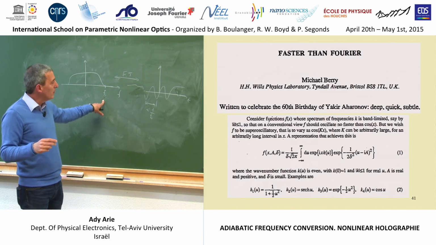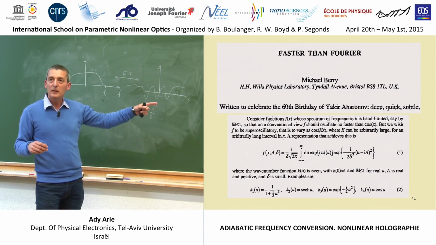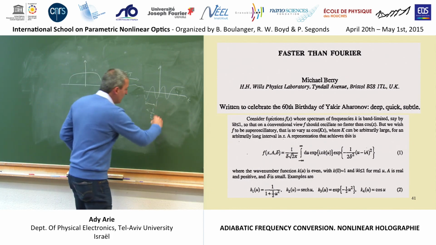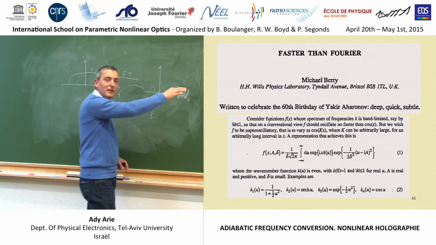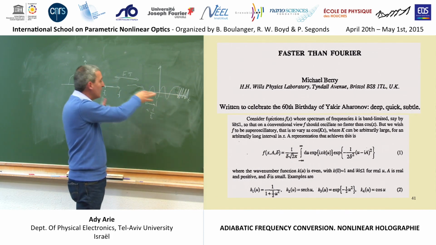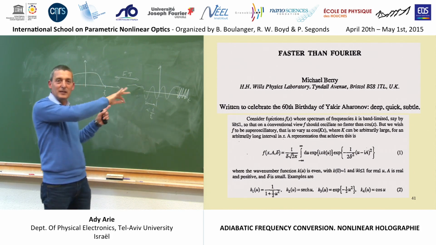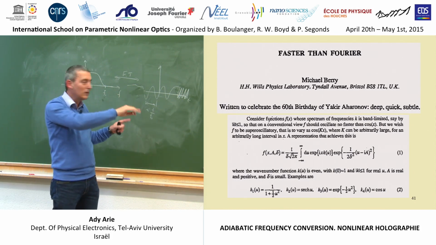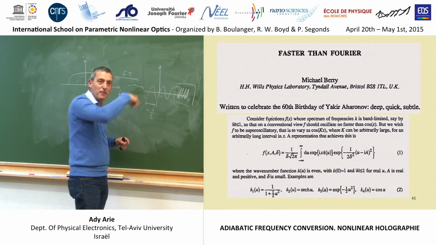Why? Because the Fourier transform is an integral from minus infinity to infinity. So maybe somewhere here, it oscillates extremely fast. But when you do the Fourier transform, there are some other parts of the function that take care of it, and then it will work. But still here, it can oscillate extremely fast.